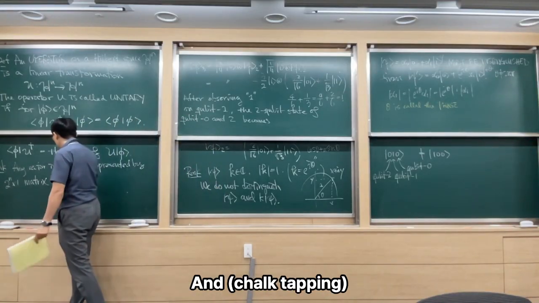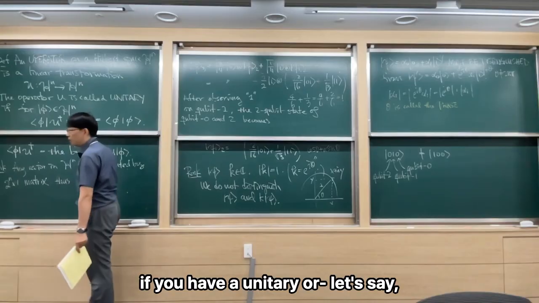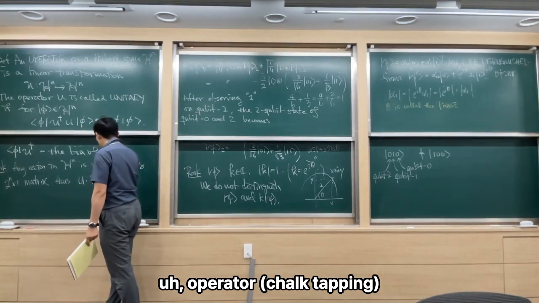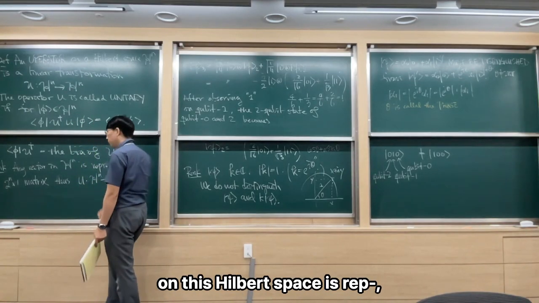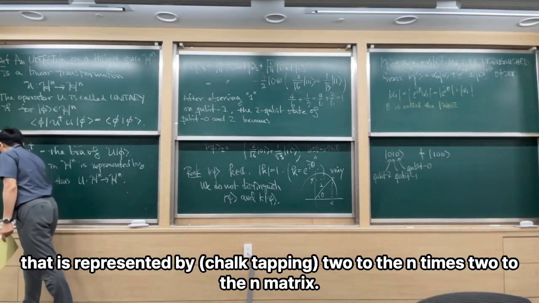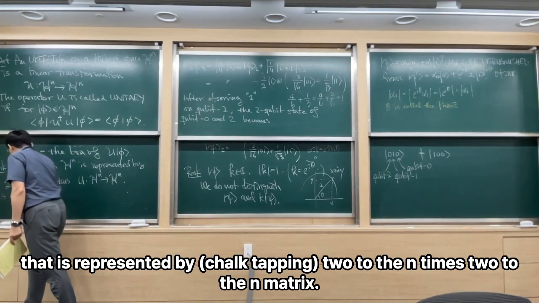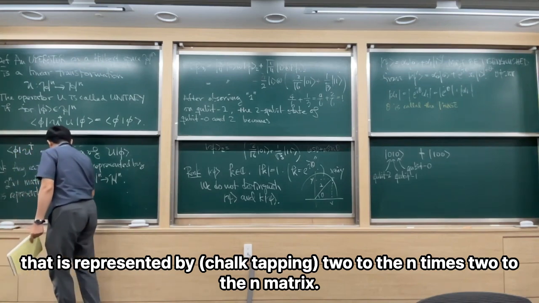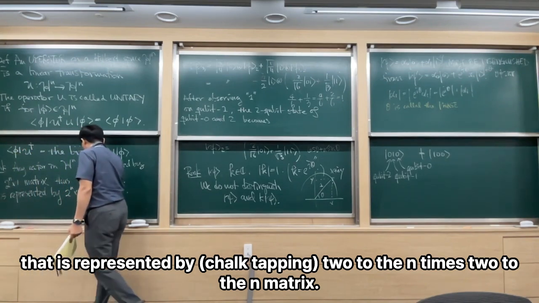And if you have a unitary, or let's say an operator, on this Hilbert space, that is represented by a 2 to the n times 2 to the n matrix.